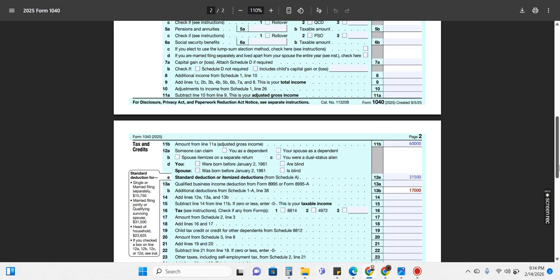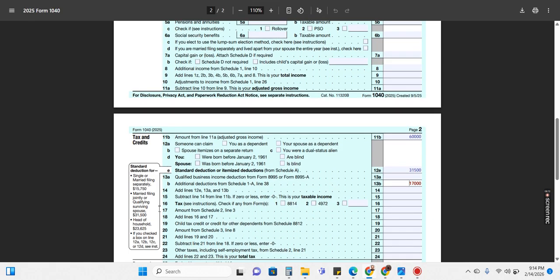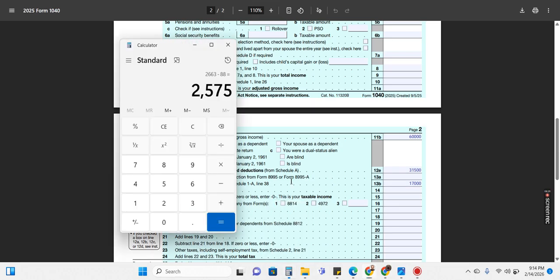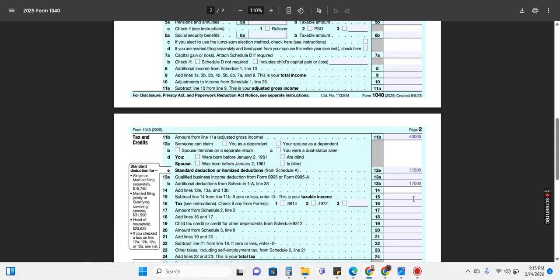Subtract lines 12E and 13A and 13B: 31,500 and 17,000, so 48,500 I can deduct.